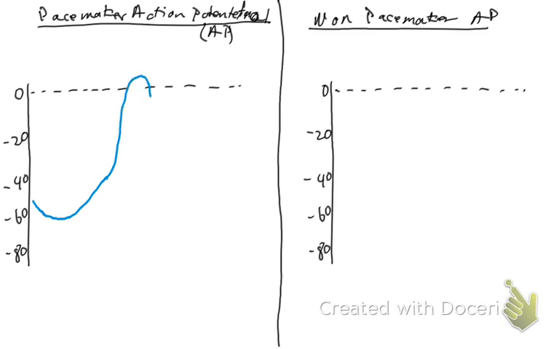Then you come down again, to negative 60 again.